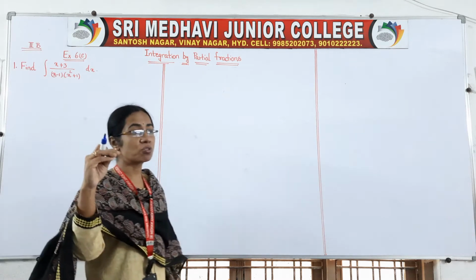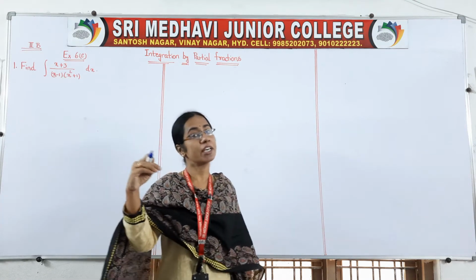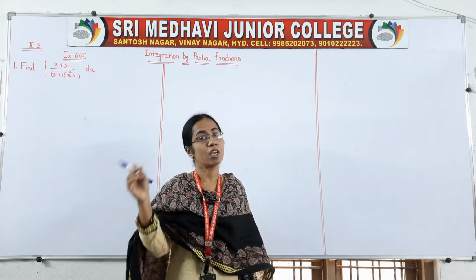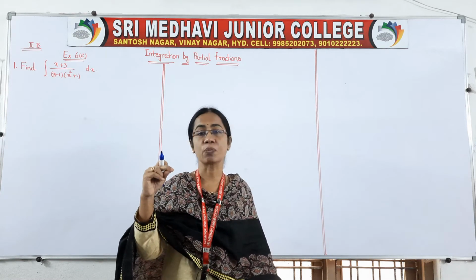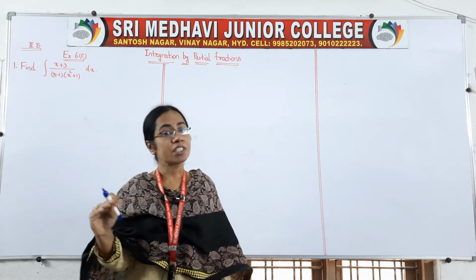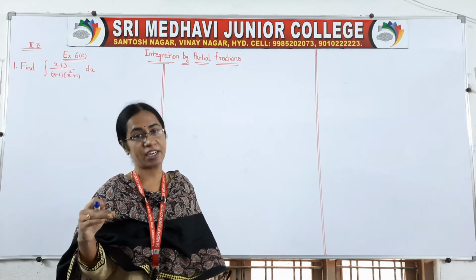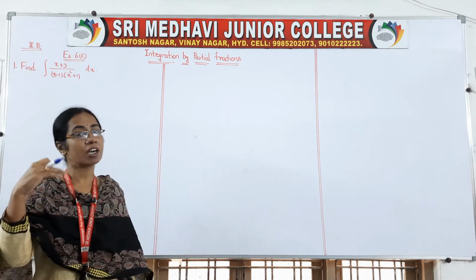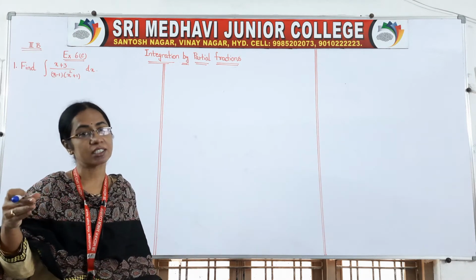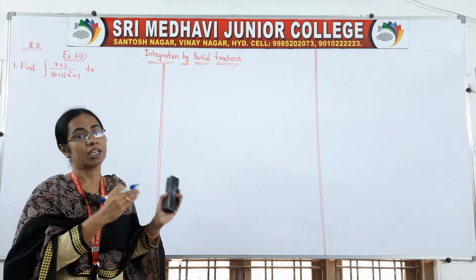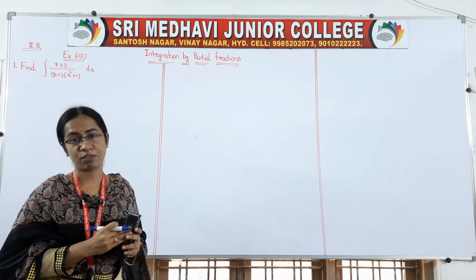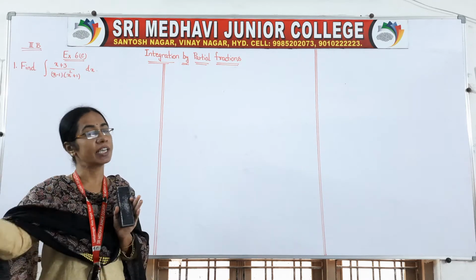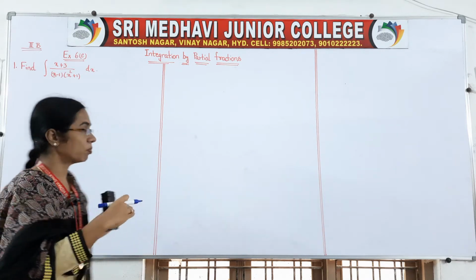If it is x square minus 1, we can reduce it into linear factors, x plus 1 into x minus 1, but it is x square plus 1, which is an irreducible factor. We cannot reduce it into linear factors, so we have to take the partial fraction in a different form. First we have to find the partial fractions, then we have to integrate the problem, right?